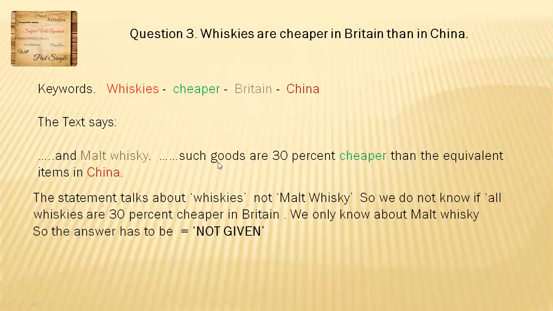So 30% cheaper is true, so whiskies are cheaper, but the statement talks about whiskies, not malt whisky. So we do not know if all whiskies are 30% cheaper. We only know about malt whisky. Malt whisky is one specific type of whisky. Whiskies means all types of whisky. So the answer is not given.